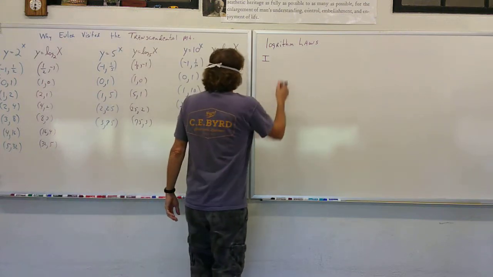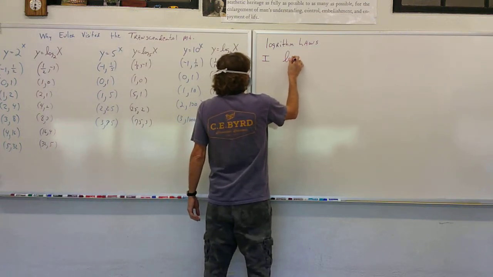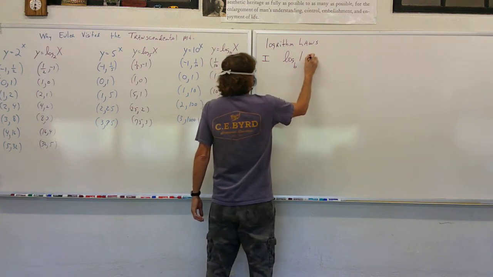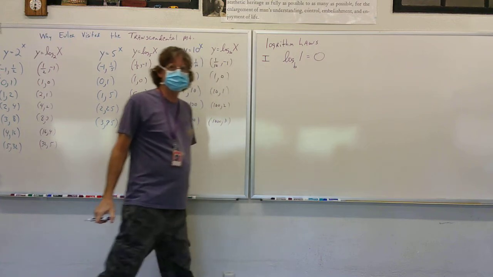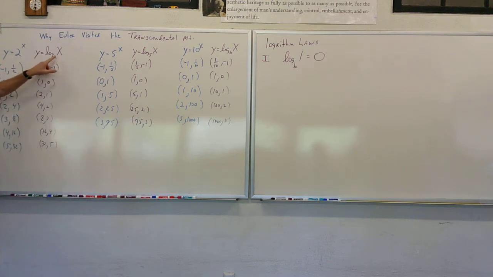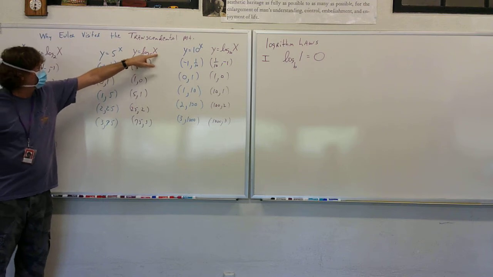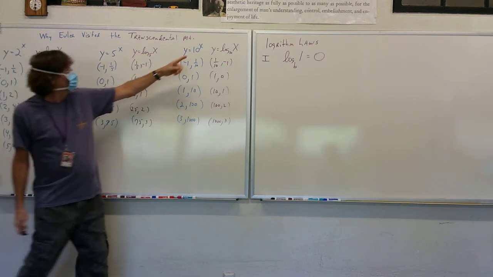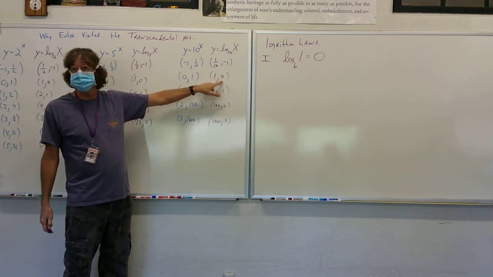All right, law number 1. Log base b, any number down there at all, of 1 will always give you 0. Look at it. Log base 2 of 1 is 0. Log base 5 of 1 is 0. And log base 10 of 1 is 0.